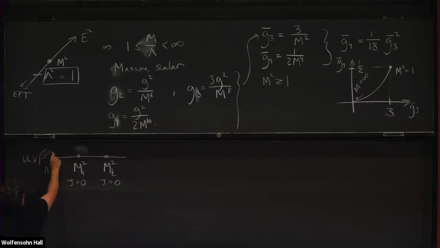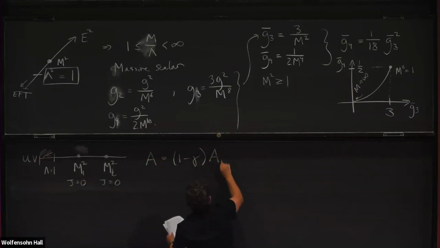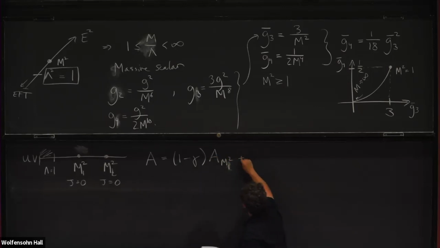So my EFT is valid below that lambda scale. I could pick these masses all the way down to lambda, or in other words, I could pick lambda all the way up to them. If I do that, then my amplitude will just be the sum of those two. I'll parameterize it in a certain way: in shorthand, the amplitude with the first mass plus the amplitude with the second mass, and then I'll give them some relative couplings, gamma.